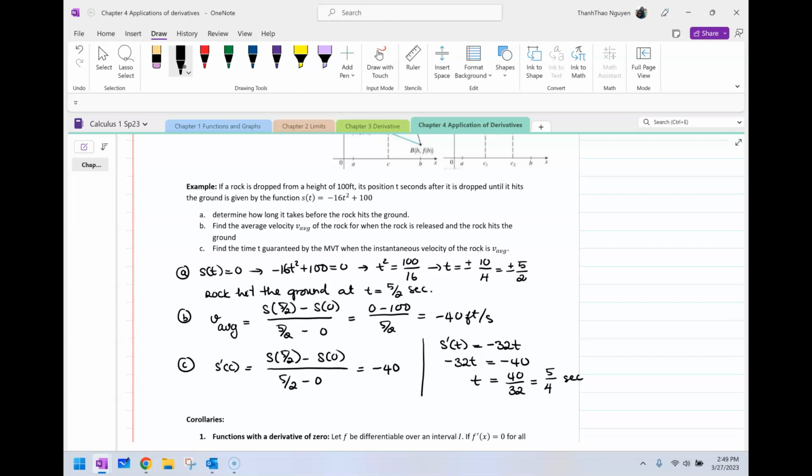Okay. So at t equals 5 over 4 seconds, the instantaneous velocity is the same as the average velocity, that is negative 40 feet per second.